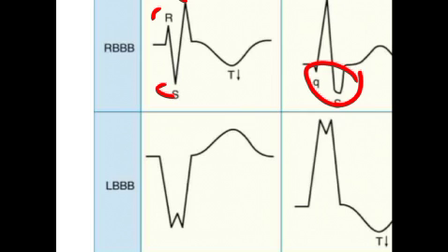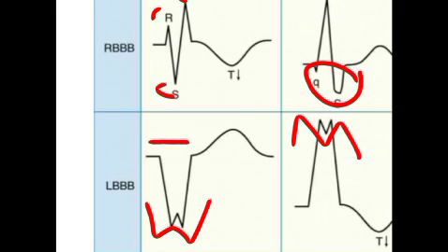And in V6 it is like that. So it's called the William, or WM, pattern. And the QRS complex is wider, definitely more than 120 millisecond.